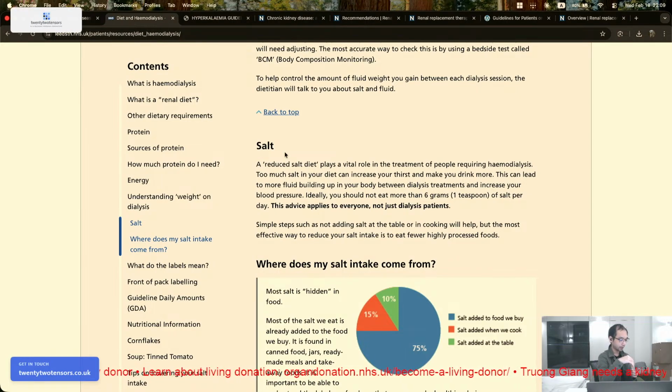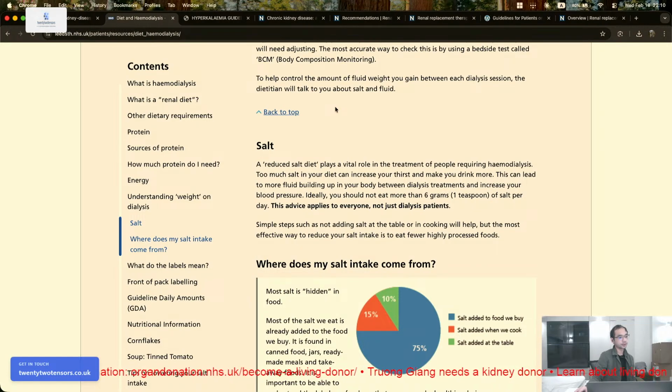Because with our kidneys, you cannot adjust the right phosphate level in your body like normal people do. So the body will just absorb everything. If you have too high phosphate, your skin will be itchy and it's very uncomfortable. Also, high phosphate will crystallize.